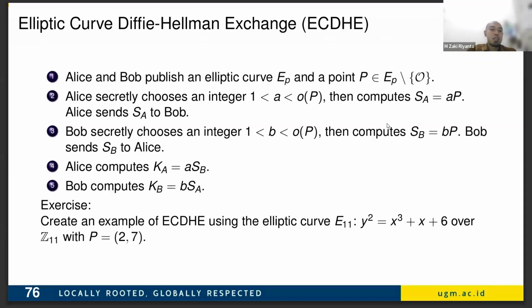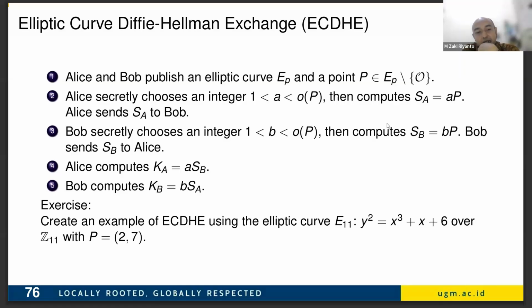So here, Alice and Bob agree on an elliptic curve E and a point P on the elliptic curve. And then Alice secretly chooses an integer a and computes the shared key aP. And then Alice sends the shared key aP to Bob.